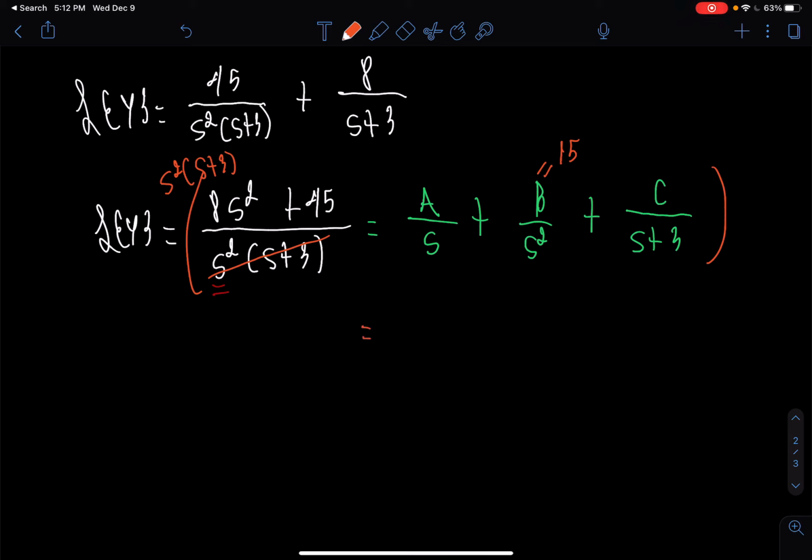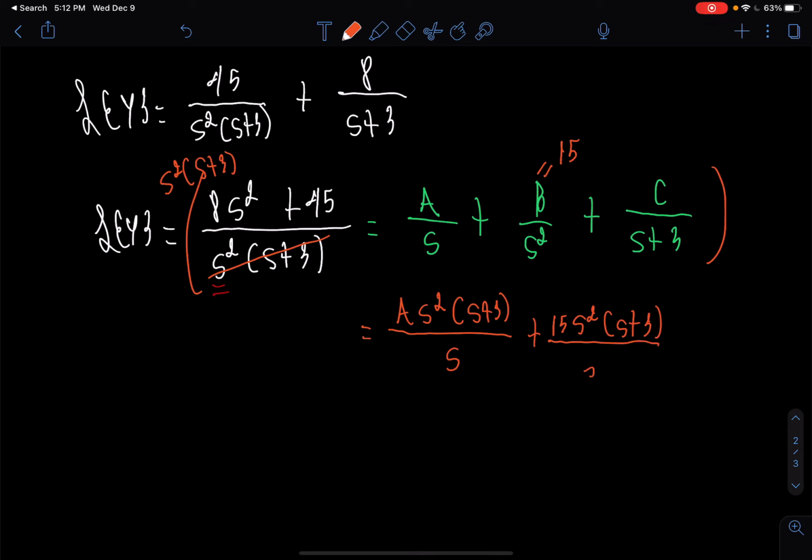We can substitute everything in there: A over s times s squared (s plus 3), plus 15 over s squared times s squared (s plus 3), plus C over s plus 3 times s squared (s plus 3). Now we can cancel some terms: we get rid of an s, this s squared, and this s plus 3, and that way we get rid of those fractions.